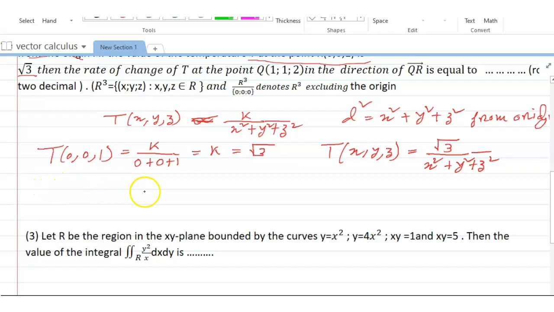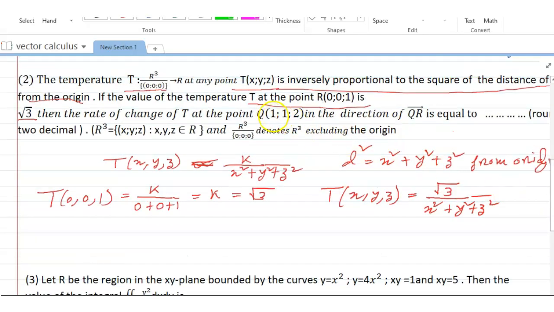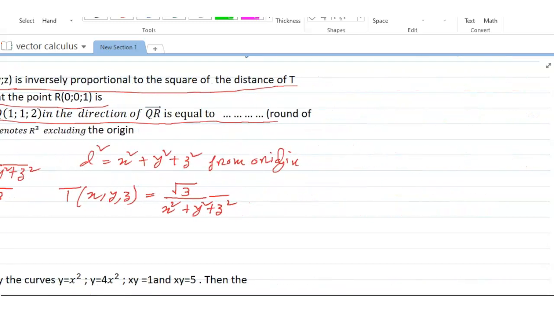Now I have to find the directional derivative. The direction is QR, where Q is (1, 2, 3) and R is given. So how can I get del T? I have to find it.